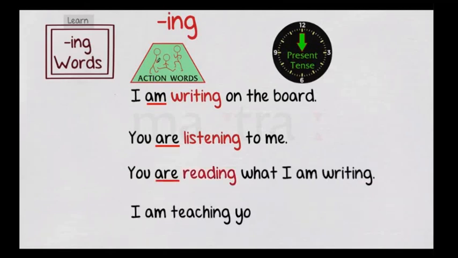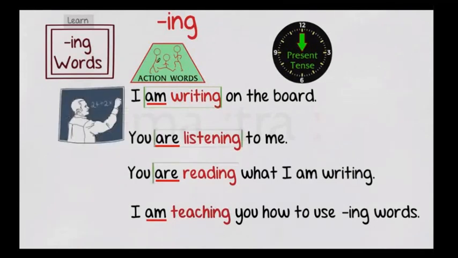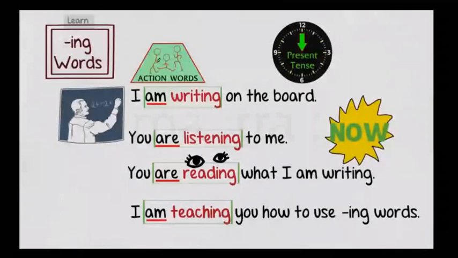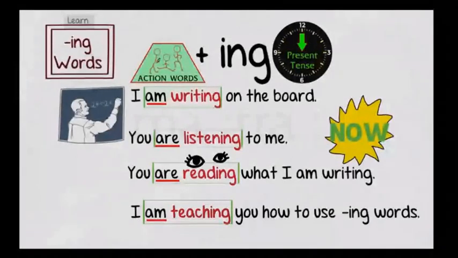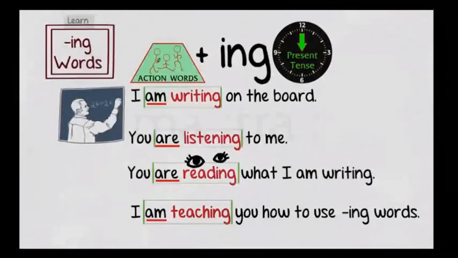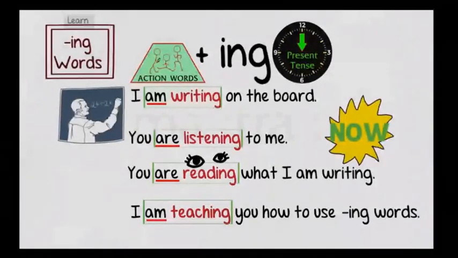I am teaching you how to use ing words. There is a way to show actions in the present tense that is actually happening right now. For this, we add ing to the action words. This clearly tells us that the incident is taking place at the moment.